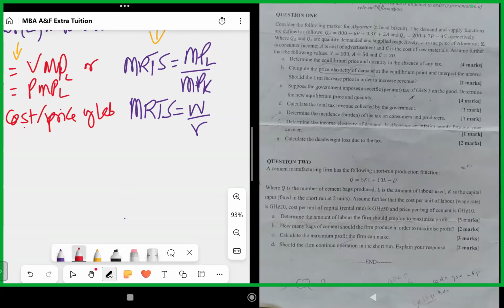When I say A equals 2, it means that in the equation, wherever I see A, it equals 2, right? So I've written MRTS equals MPL over MPK, and I say MRTS equals W over R. So I want to replace the MRTS, marginal rate of technical substitution. What should I replace it with?